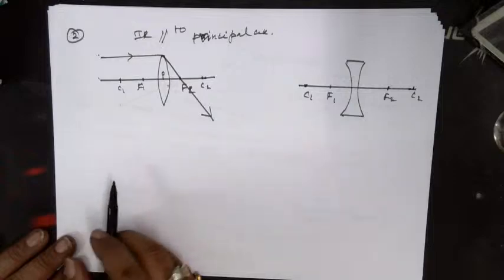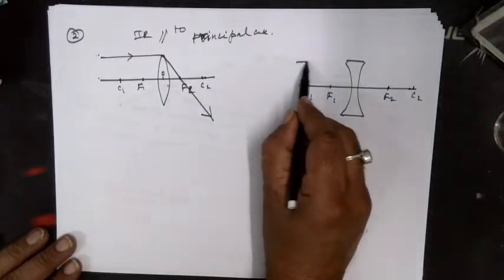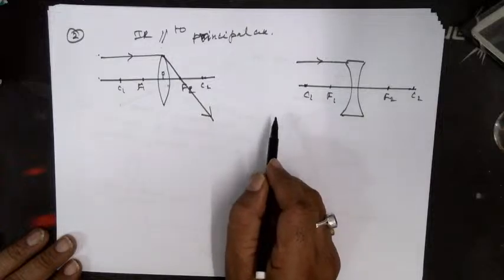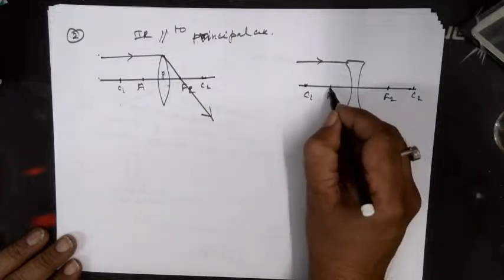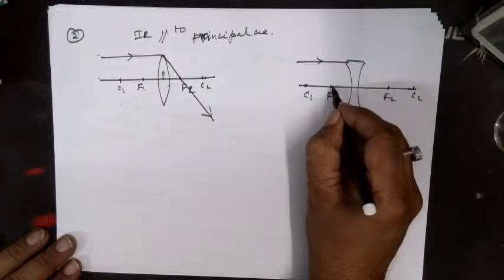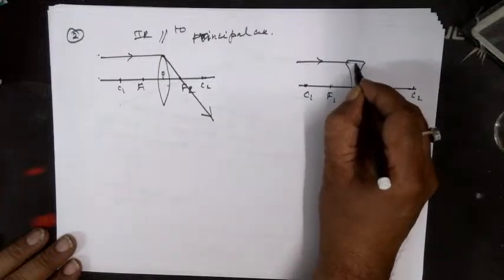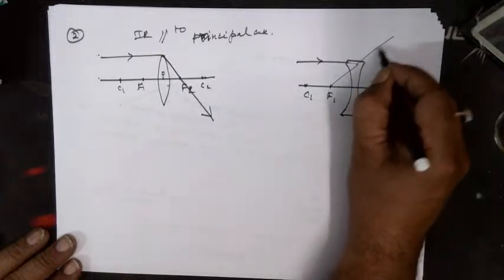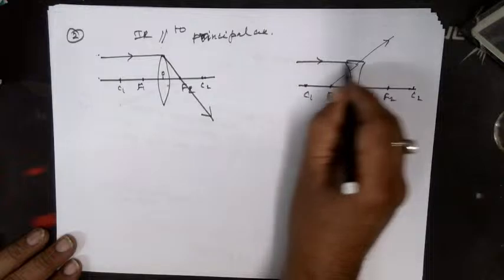Now what happens is when the light travels from the distance, it passes through the F1 on the same side and gets diverged like this. Okay.